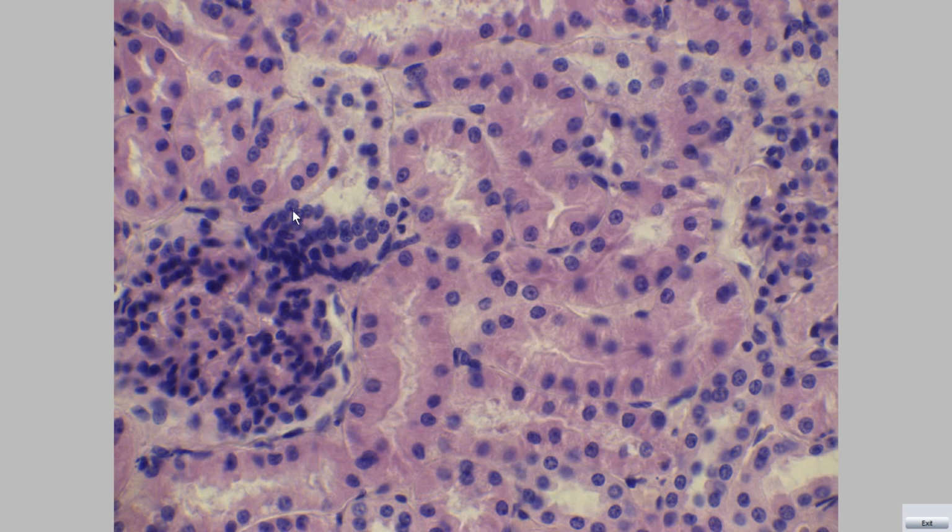Macula densa together with JG cells form a specialized sensory structure called juxtaglomerular apparatus. So this region is called vascular pole of the renal corpuscle.